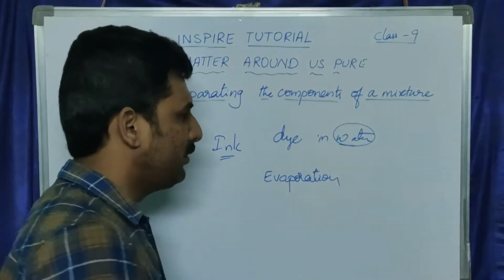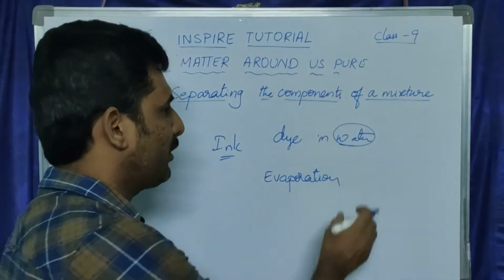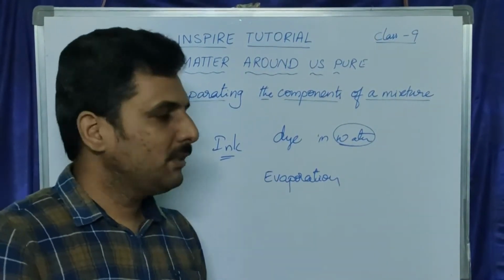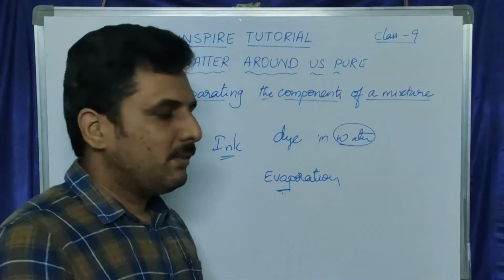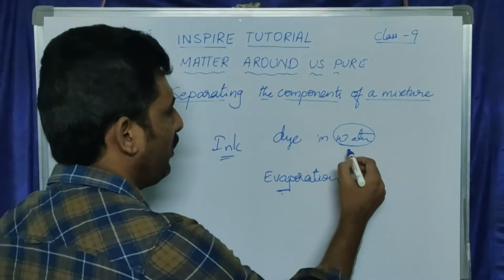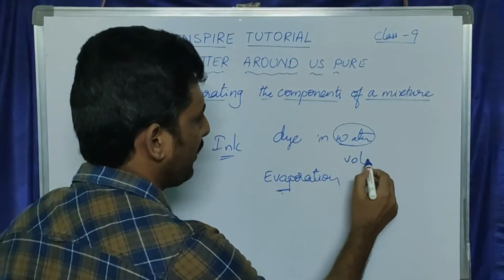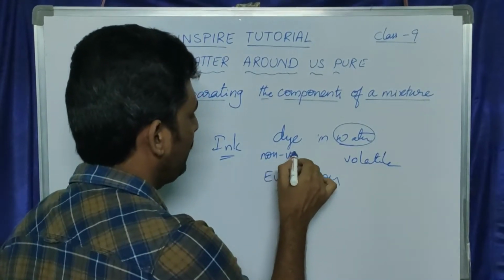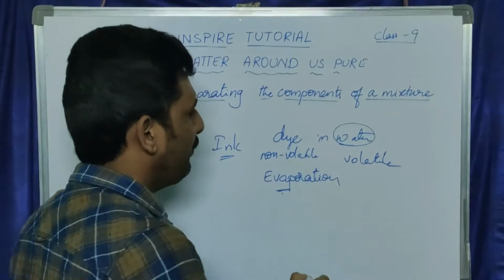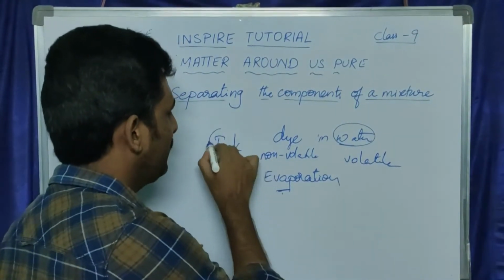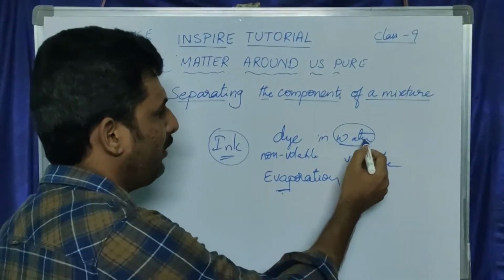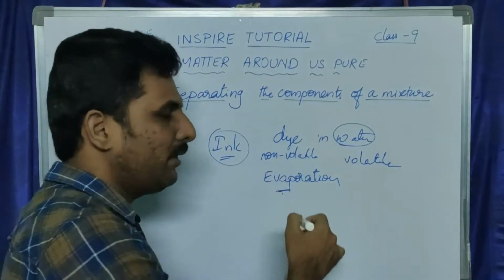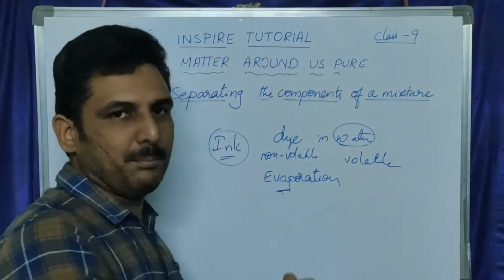The method which is used to remove the water component from the ink to obtain that dye or color is evaporation. In this, water is a volatile substance and dye is a non-volatile substance. So when you heat this ink, the volatile water vaporizes, leaving the non-volatile dye or the color behind.